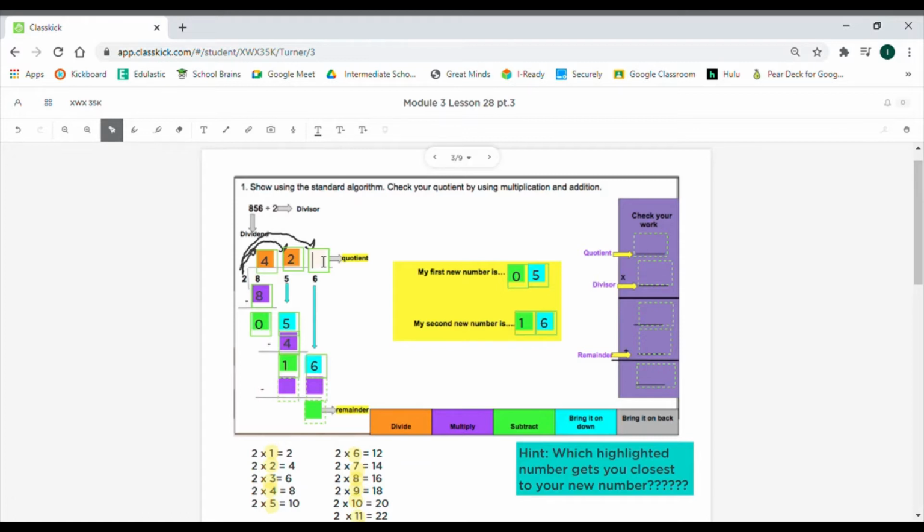If you said 2 goes into 16 8 times, you are absolutely correct. I know this because if I look at my facts, 2 times 8 equals 16, exactly 16. So 2 goes into 16 8 times. Now let's multiply. What number did I just put at the top? Yeah, 8. And what's my divisor? 2. So what's 8 times 2?